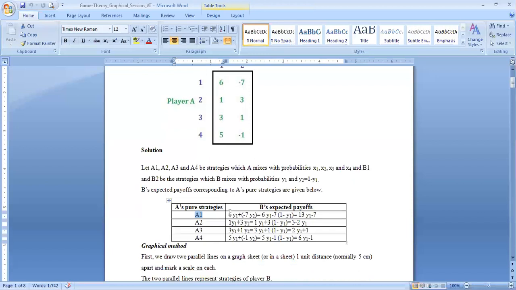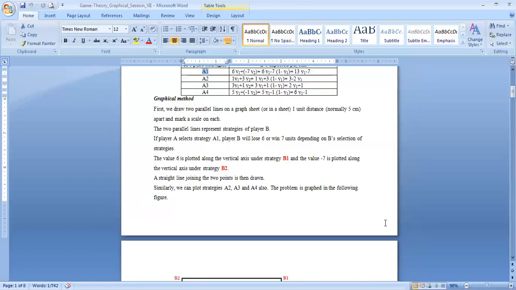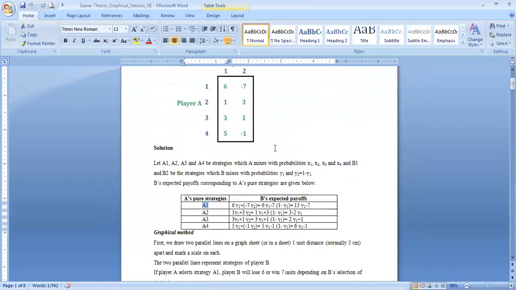Here it is written 6 y1 plus minus 7 into y2. As we know that y2 is nothing but 1 minus y1, it is written again here: 6 y1 minus 7 into bracket 1 minus y1, and after simplifying it will become 13 y1 minus 7.